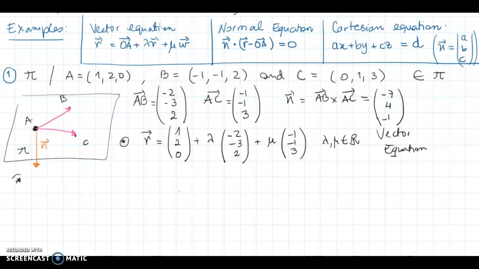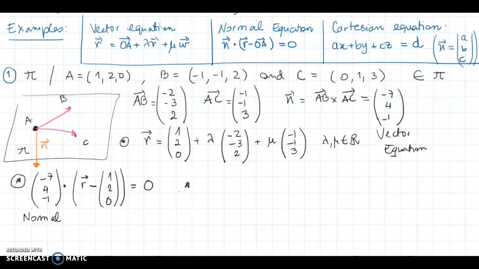So now, for writing the equation in the normal form, I'm going to write (-7, 4, -1) dot product, and then we have the generic vector r minus (1, 2, 0) is equal to 0. We have here then the normal equation.